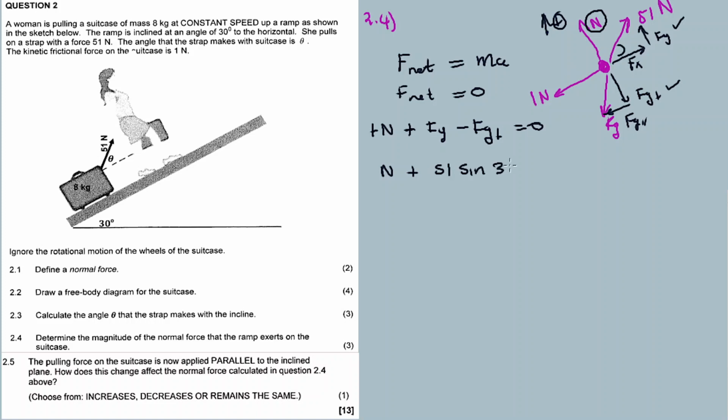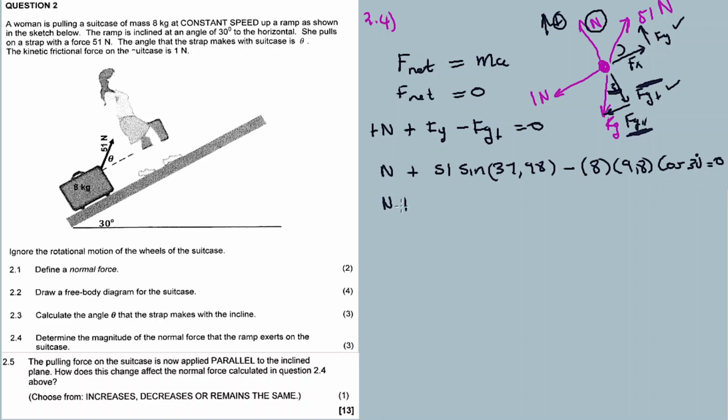Theta we calculated to be 37.98 degrees, minus FG, its mass times gravitational acceleration, 8 times 9.8. Since this is the adjacent side to the angle theta, it will be cos 30 degrees, equal to 0.